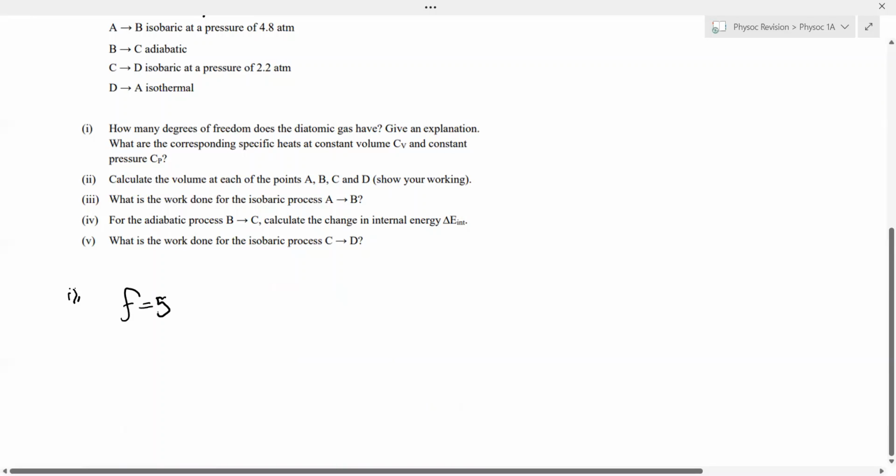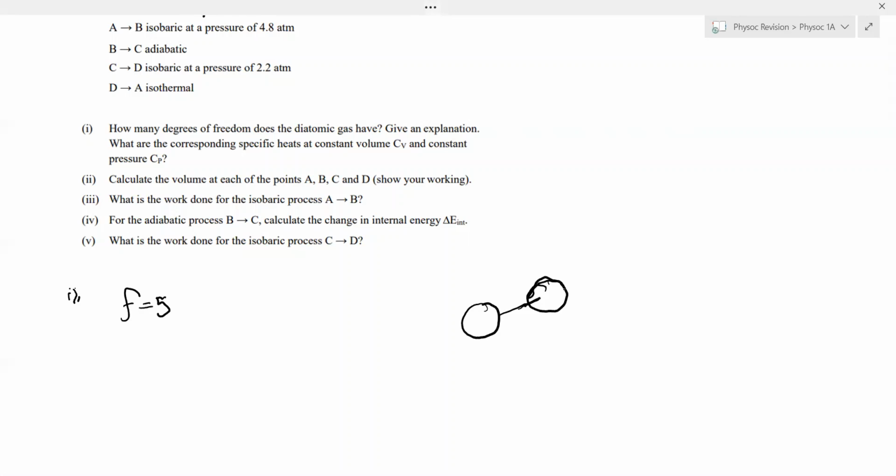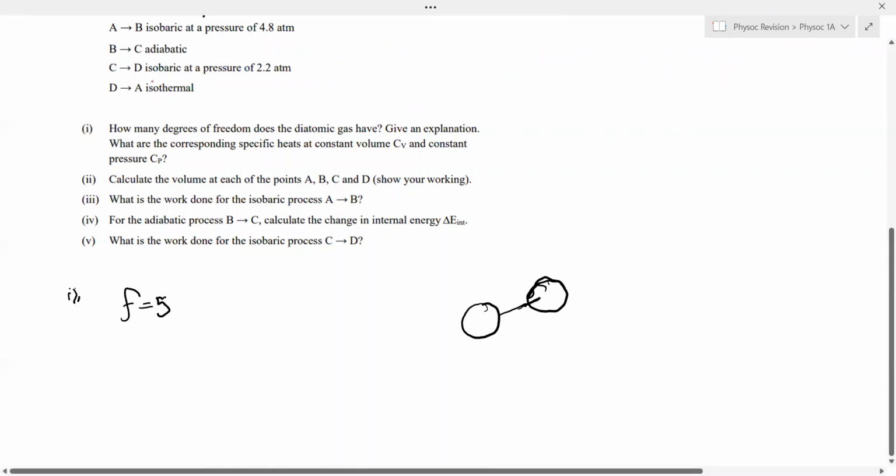And that's how many different unique ways it can move. So we have a diatomic gas, looks something like this. Everything, no matter what it is, it's going to be able to move in 3 translational directions. So we're going to have Y, Z, and X. They're all unique directions.